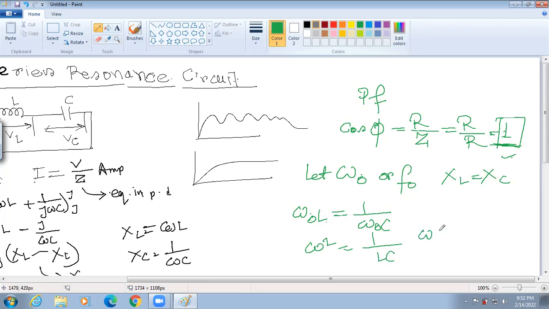So omega equals 1 by root under LC. This is in radians per second.